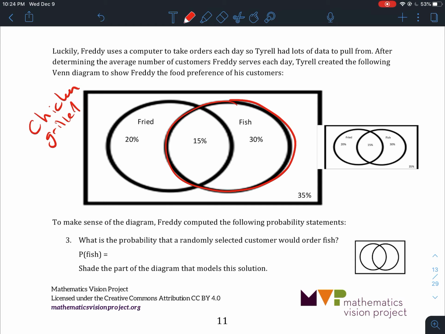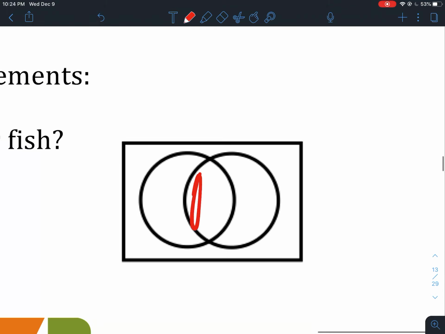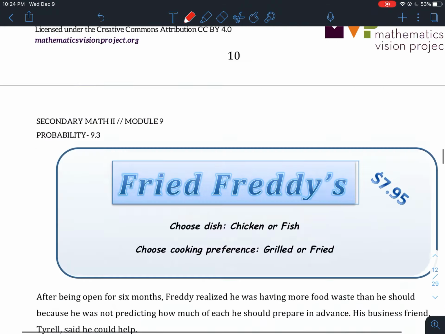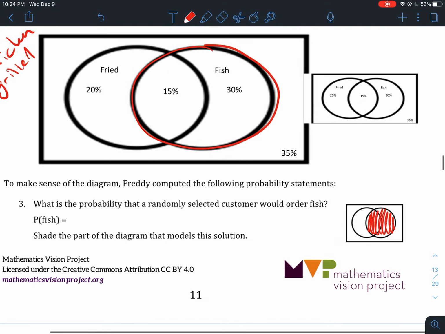Shade the part of the diagram that models the situation. That's this part here, because this is the fish. The probability would be 15 plus 30, which gives you 45%.